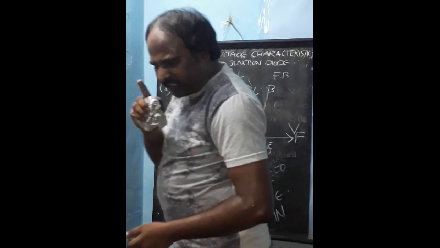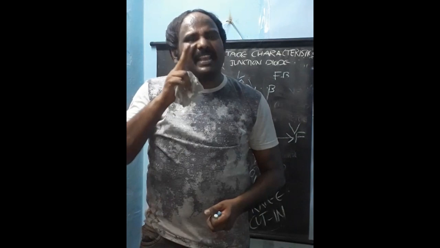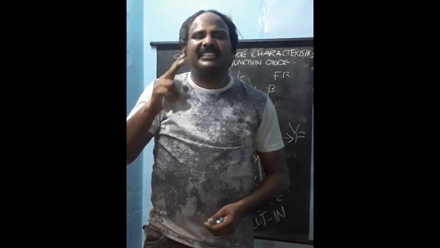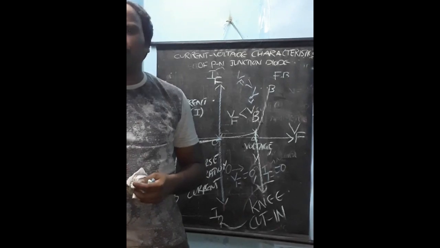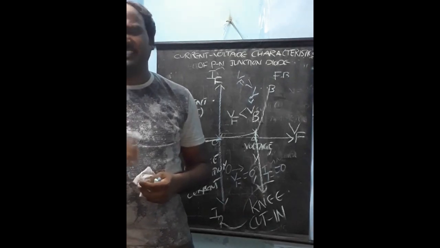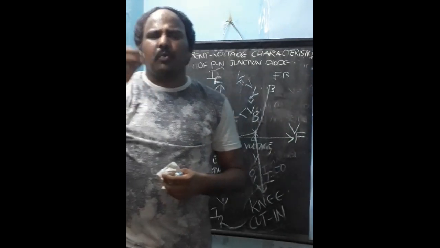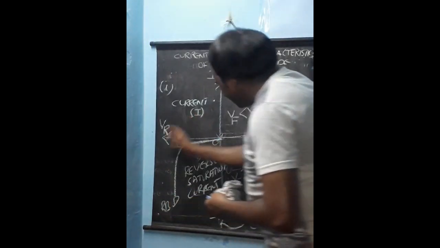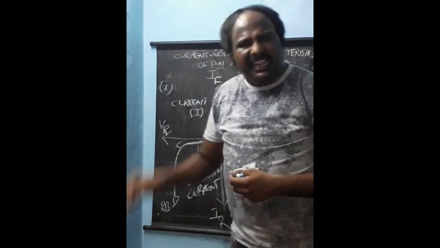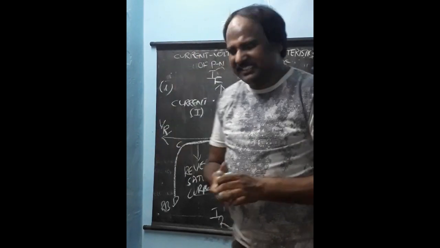And the most important point here is current flows due to minority charge carriers. Current flows only due to minority charge carriers. Up to now, we discussed P type or N type, only about majority charge carriers. But this is the region where current flows due to minority charge carriers.